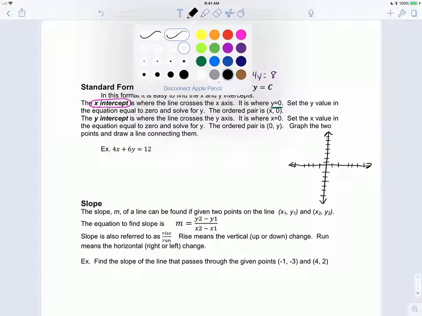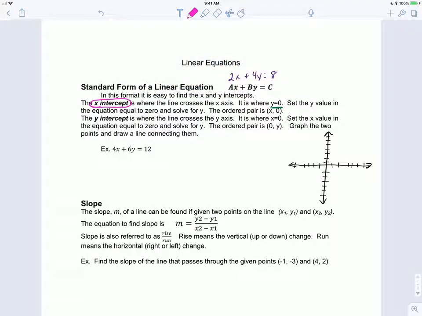We're going to look at that on this equation: 4x plus 6y is equal to 12. If I'm looking for the x-intercept, remember we set the y term equal to 0. So 4x plus 6 times 0 is equal to 12. Well, 6 times 0 is just 0, so that leaves us with 4x is equal to 12.